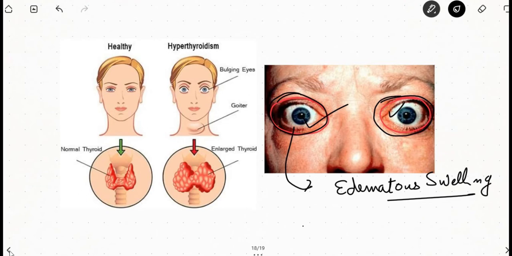Due to the protrusion, the eyelid cannot be closed completely while blinking or during sleep. Constant exposure of the eyeball to the atmosphere causes dryness of the cornea, leading to irritation and infection that finally results in ulceration of the cornea, leading to blindness.